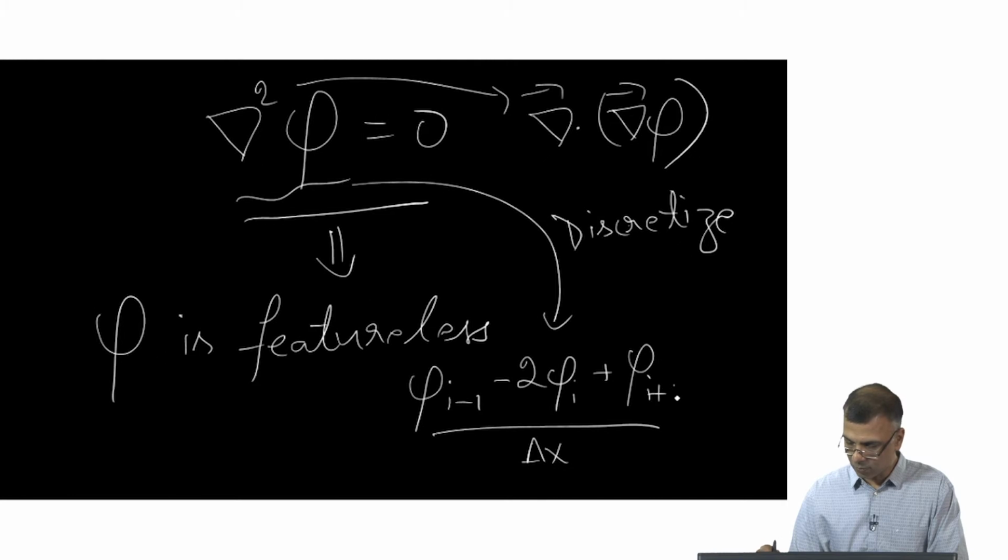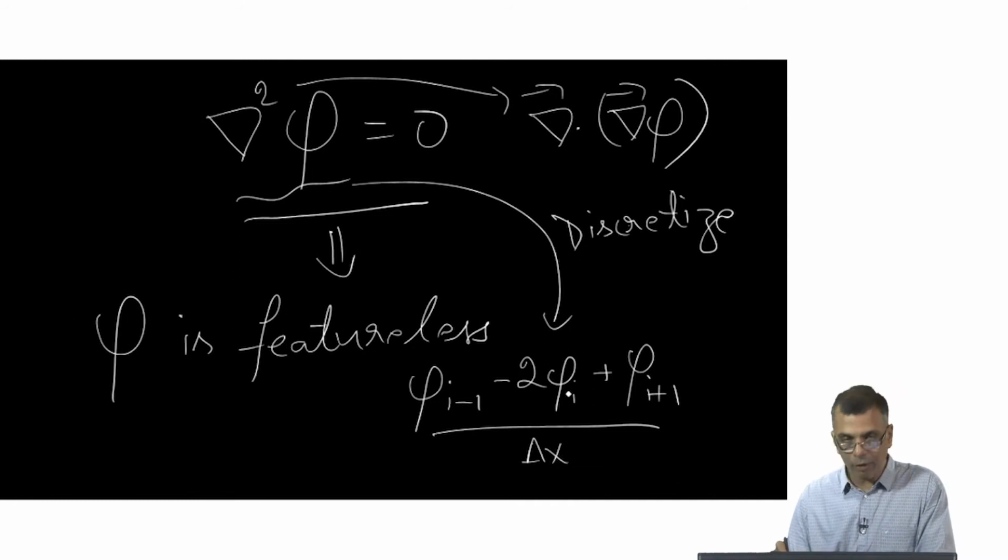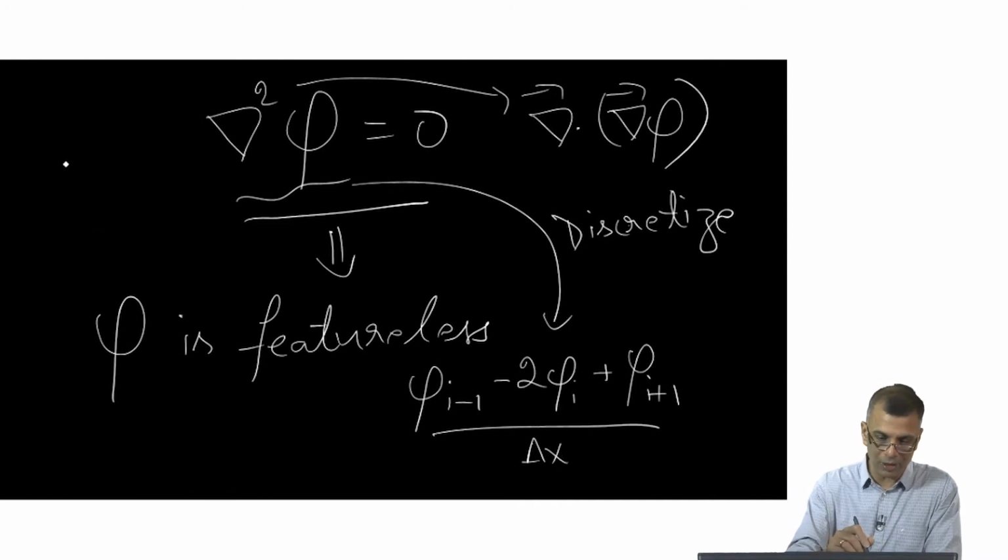What this is really saying, and you can verify this, is that you discretize a double derivative in one dimension, and that's what this is. You're discretizing on a grid like this: this is i minus 1, and this is i plus 1.